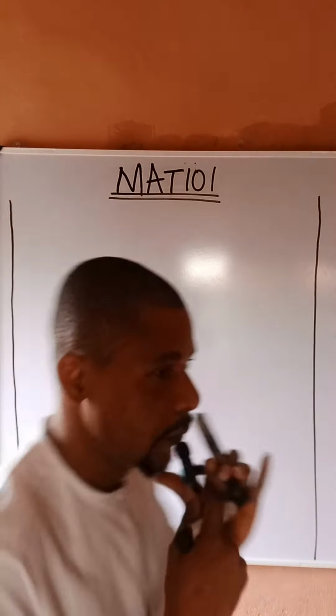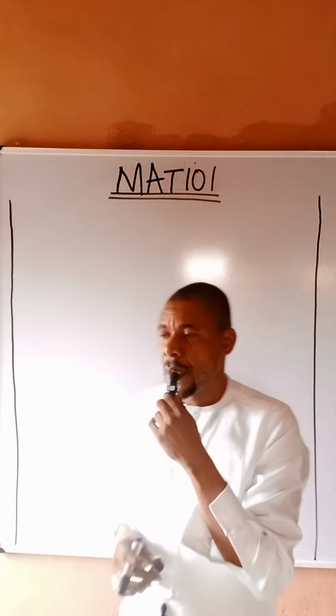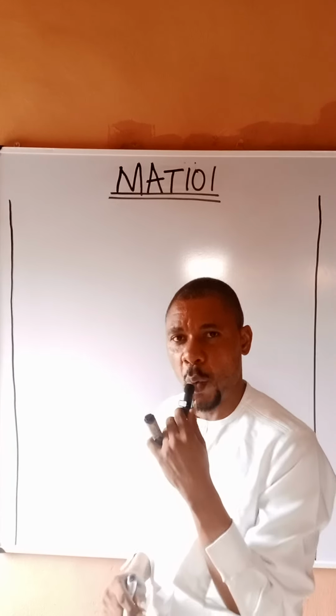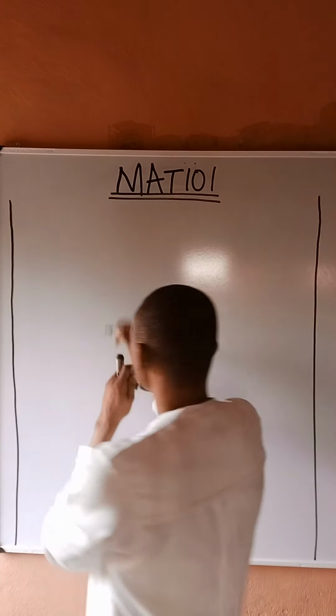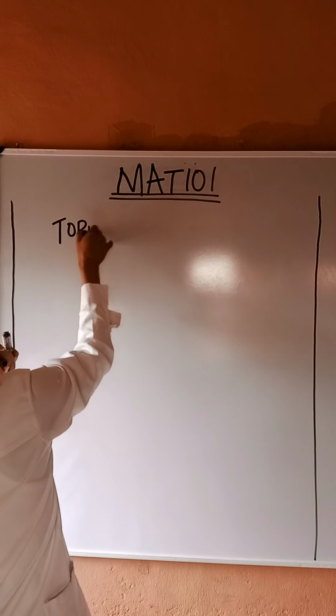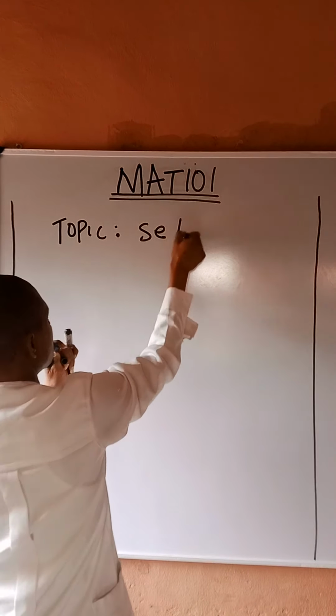I want to briefly give us a small revision on Maths 101, and I will be starting from the topic that is called set. Let's start from this topic that is called what? Set.